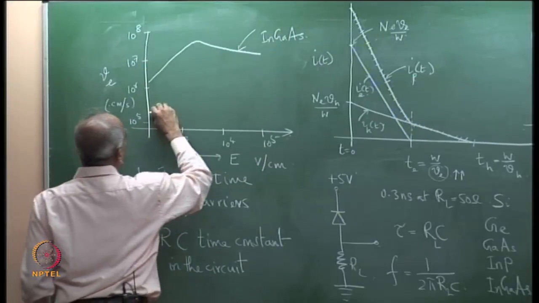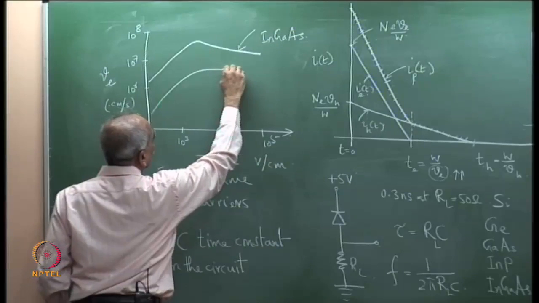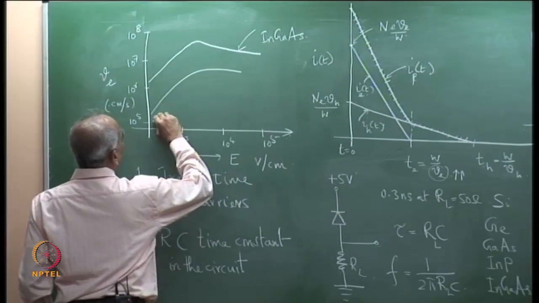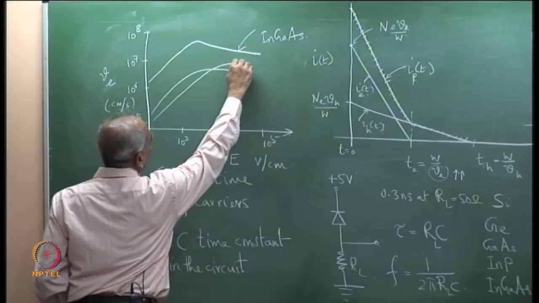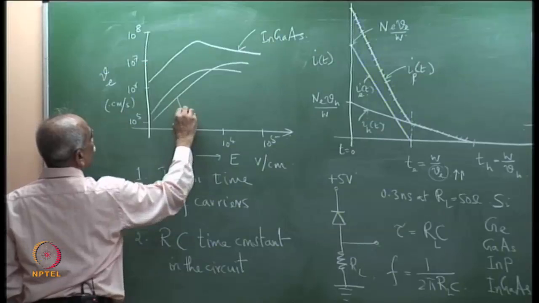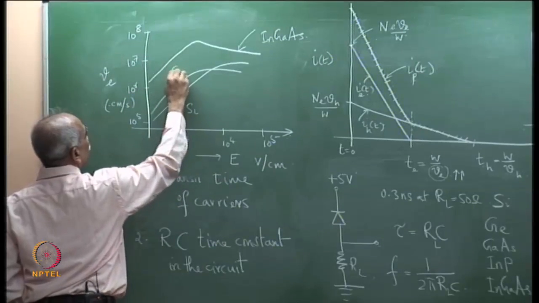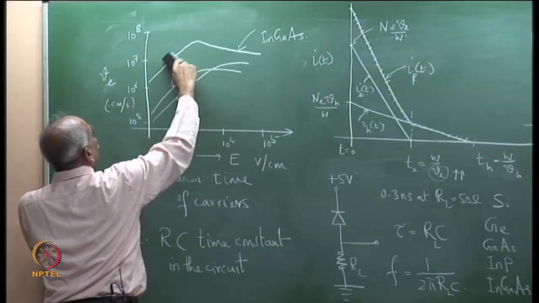If you take germanium, it goes from here and then something like this. If you take silicon, then this is for silicon, this is for germanium, and this is for indium gallium arsenide, which I have already written.